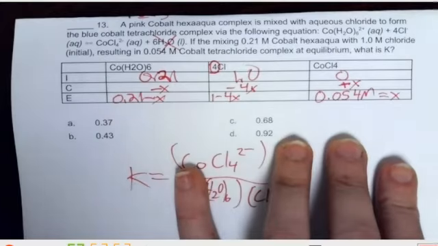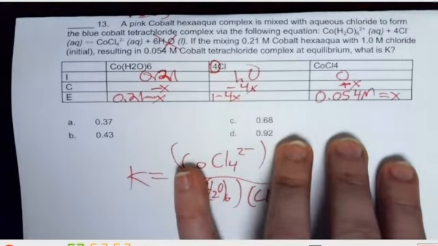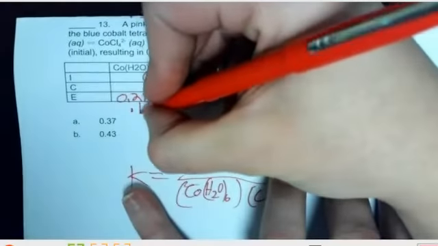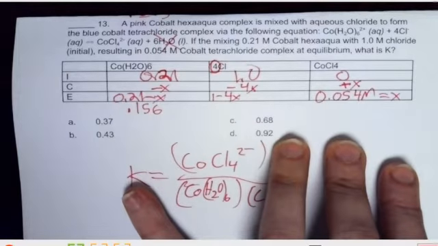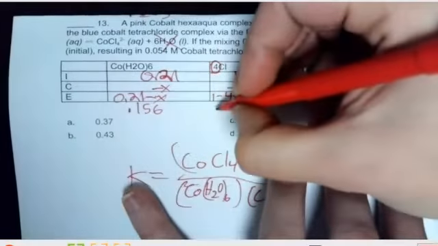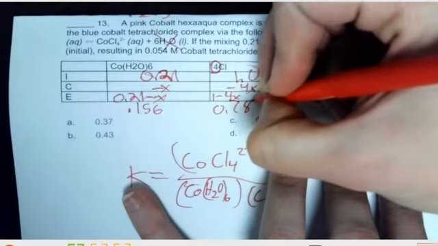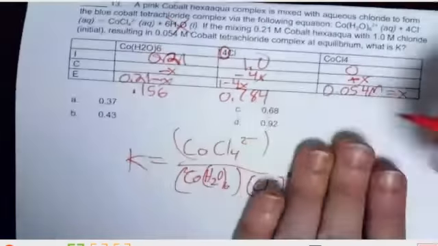Now that I know x, I can calculate my various concentrations at equilibrium. So this becomes 0.156. 1 minus 4 times 0.054 means 0.784. And then I just plug them in.